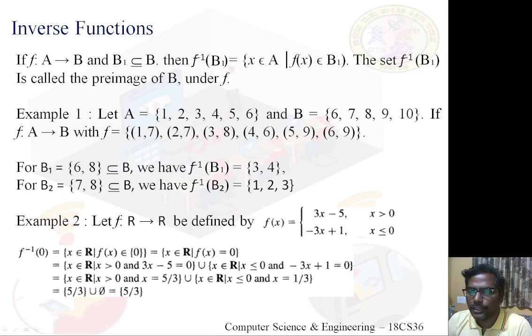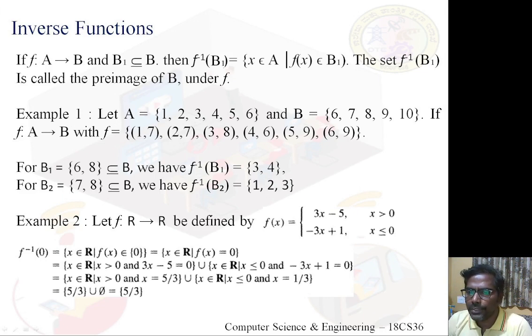Now, let us have a look at example 1. I have given two sets. One is labeled A with 6 elements: 1, 2, 3, 4, 5, 6, and the other set labeled B with 5 elements: 6, 7, 8, 9, 10.